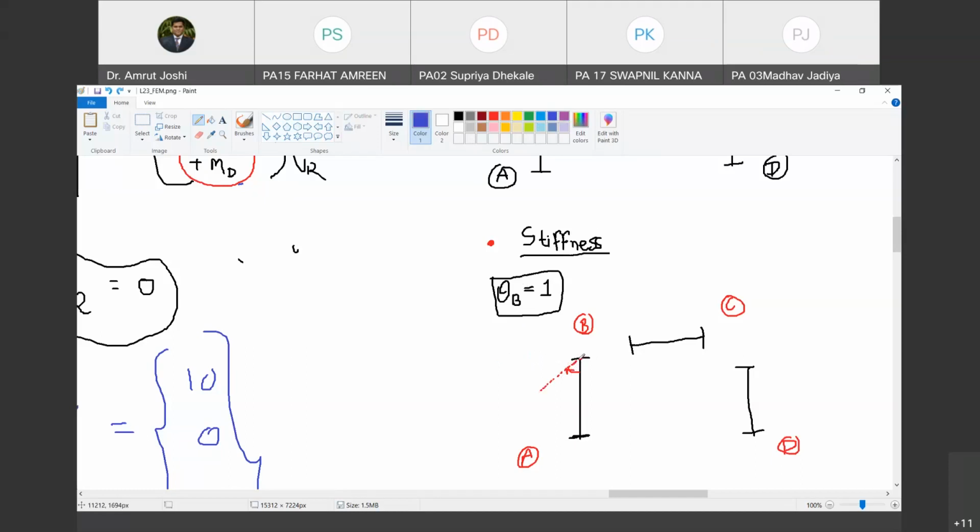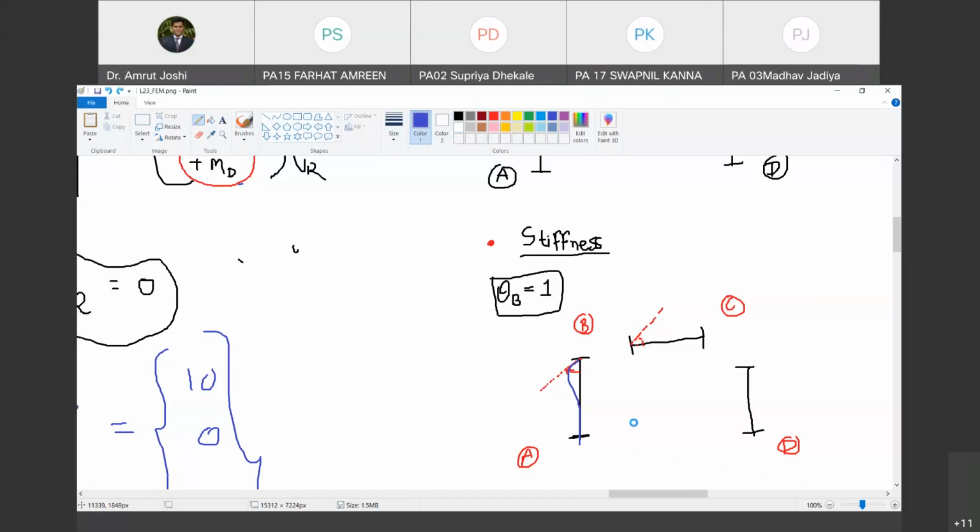How does the deformed shape then look like? The deformed shape looks something like this. Are you with me? Yes, sir. Similarly, at B, I will have to make theta b equal to 1. So this is the tangent. It is anti-clockwise. Ensure that you show only anti-clockwise. Look, this is anti-clockwise rotation. Are you with me? Sir, in column BA, what we showed is clockwise.